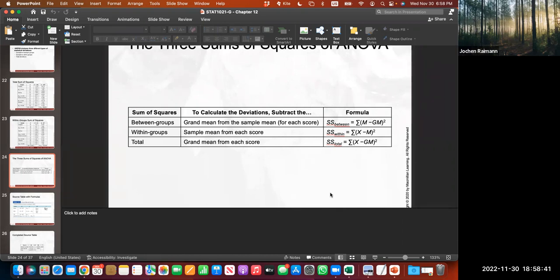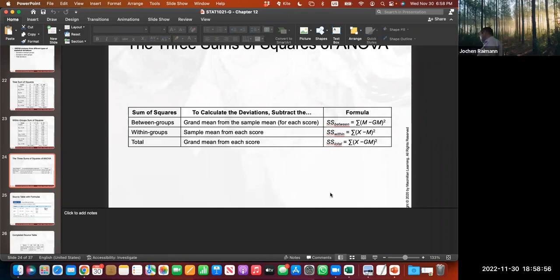Between group variance will be calculated as sum of squares between divided by the degrees of freedom between. Within groups as the sum of squares within divided by the degrees of freedom within. Total in the same fashion.